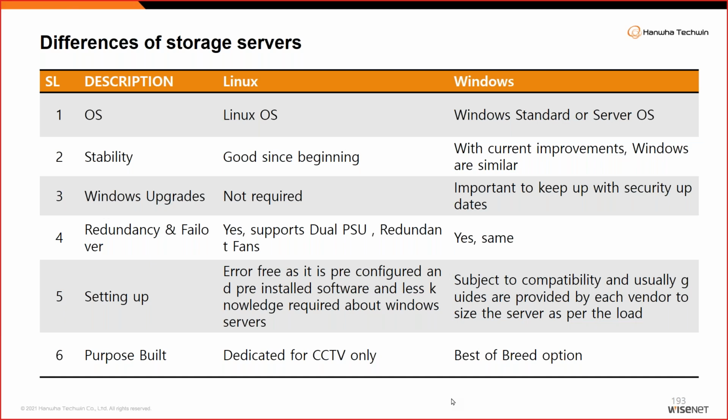If your project has 10 cameras, you don't have to go and buy a Xeon processor. You'll buy maybe i5 or i7, right? So depending on the specification required, depending on the number of cameras, you can customize your hardware and buy it. Okay, so that flexibility is there in Windows based recording solution.